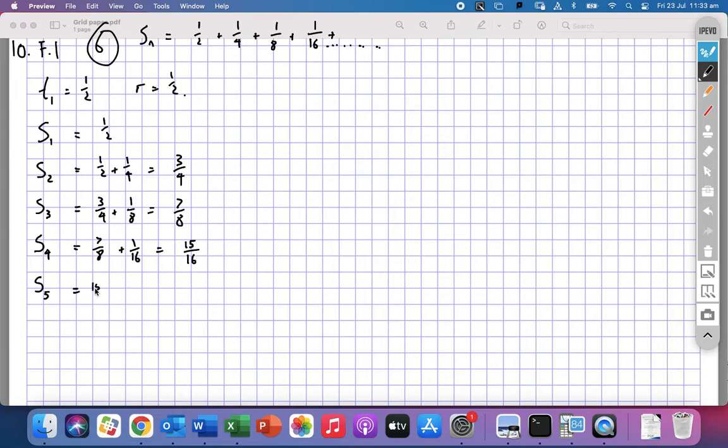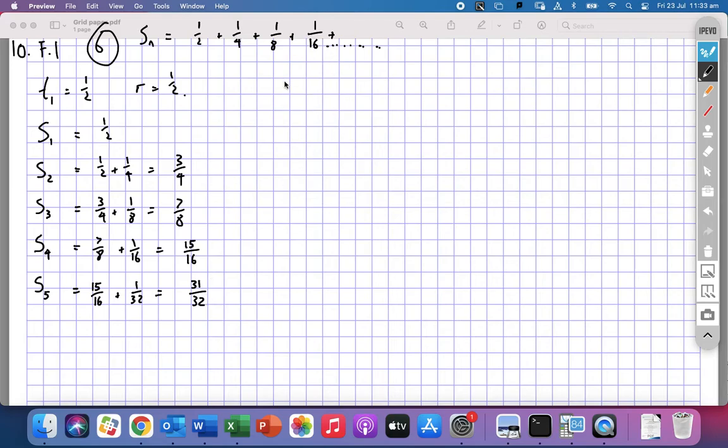Then take your 15/16 and add on a 32nd, and we'll stop there because otherwise we'll be here forever. And we'll get 31 on 32. If I was to consider the denominators of these terms, 2, a 4, an 8, a 16, a 32, hopefully you can see that those are powers of 2.